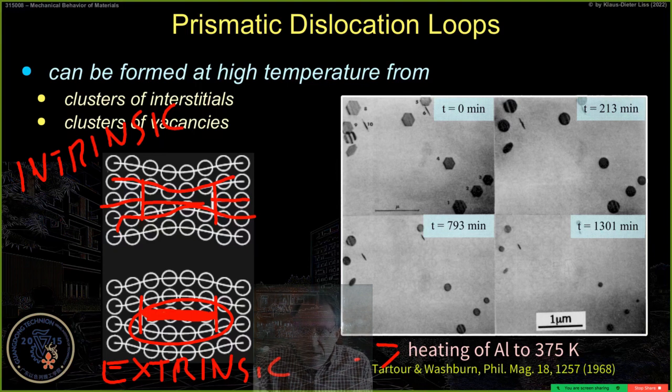You see here, after 0 minutes, they have this hexagonal shape, and if you wait a long time, 213 minutes, they become more round. And this is because at higher temperatures you also have more diffusion, so you're less sensitive to lattice orientations, and eventually they may move and change.